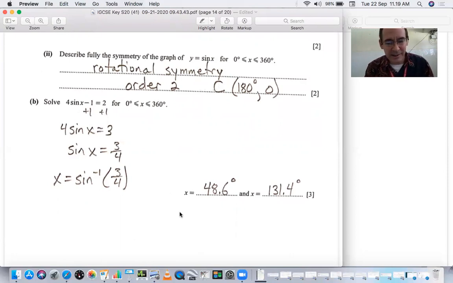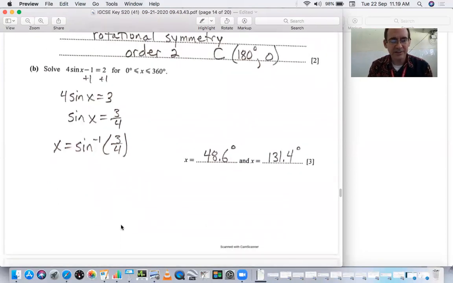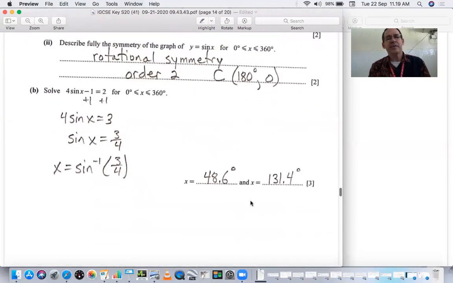And on your calculator, that's going to give you the 48.6 degrees. However, your calculator only gives you one value. So remember, your All Students Take Calculus, and sine is positive in both the first and second quadrants. So we need to find that second quadrant value. So you need to subtract.